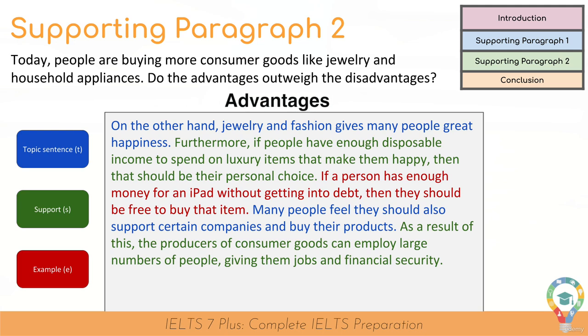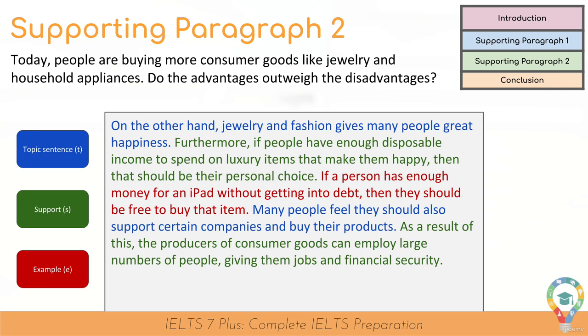Many people feel they should also support certain companies and buy their products. As a result of this, the producers of consumer goods can employ large numbers of people, giving them jobs and financial security. The main focus of this supporting paragraph is to discuss the advantages of consumer goods.